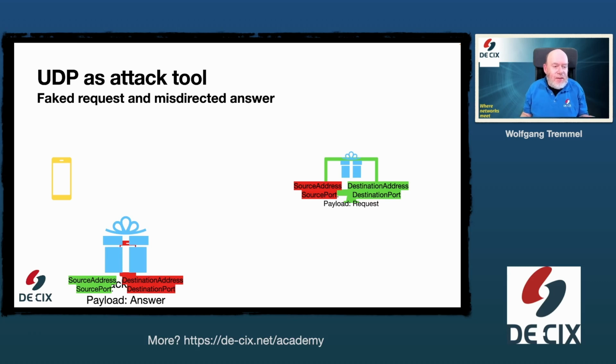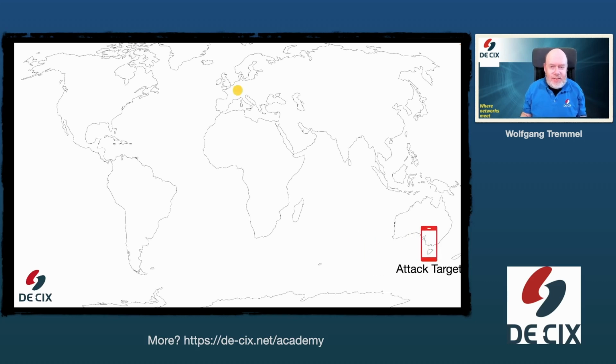So a system gets a big packet which it hasn't requested. That doesn't look so bad here. But now imagine that you are doing that not with one target or with one relay, but with a lot of relays. So you're sending a lot of small packets with faked source addresses, all the same faked source address, and all these packets are sent back to the attack target, which then really has a problem.